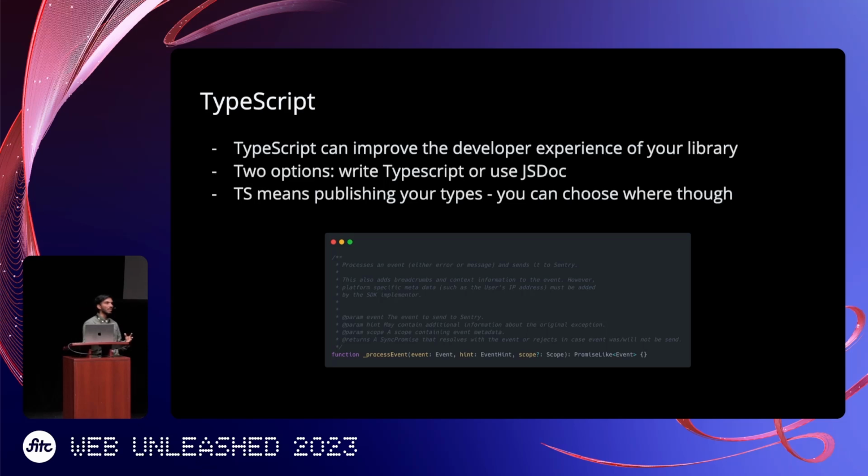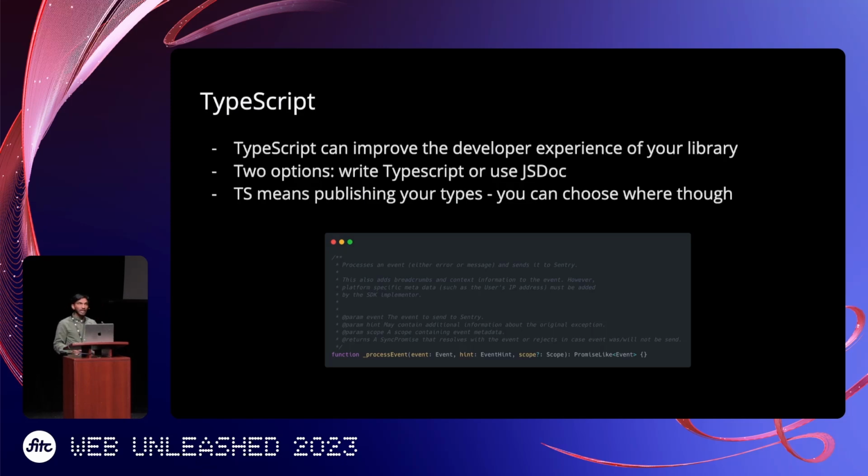Or you can write JavaScript with JSDoc, which is a library that allows you to write comments that look like this, that can then be turned into types. You'll notice here in this comment there are actually no type annotations, because this is just a screenshot from the Sentry SDK. We use TypeScript and JSDoc. We use both, but we just rely on TypeScript for the types and not JSDoc.